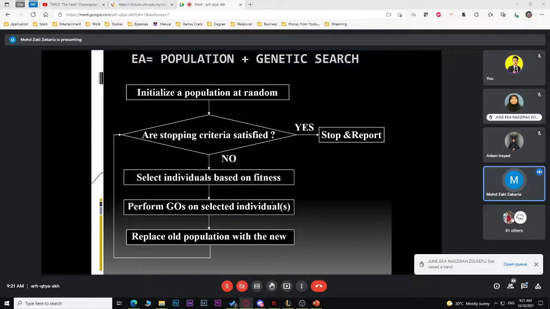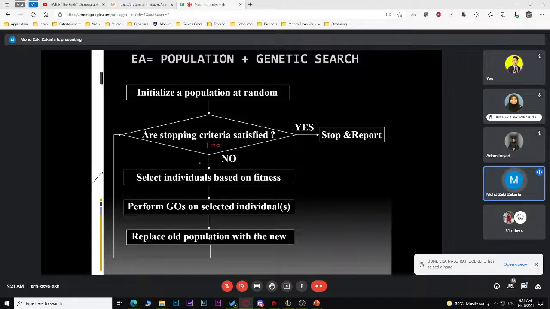Look at this. This is the flow chart of EA. Stopping criteria is satisfied means the stopping criteria of number of iterations. For example, if you set the number of iterations to 100, you need to run 100 times.